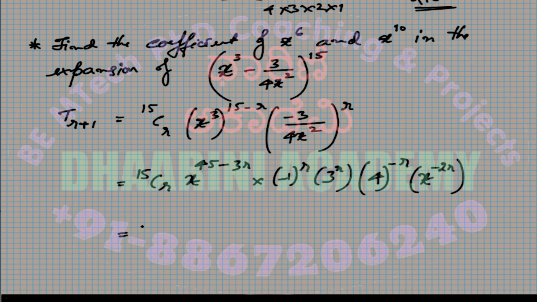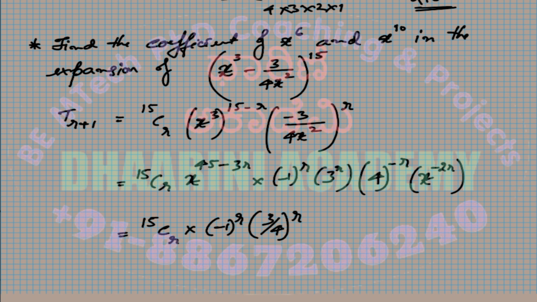Okay, so let's write the constant first. 15Cr is the first term, minus 1 to the power r, then this is 3 to the r, and actually you can even write this as 3 by 4 to the power r, 3 to the r and 4 to the power minus r. Even the minus 1 can be taken inside. Let's write it in a much simpler way.